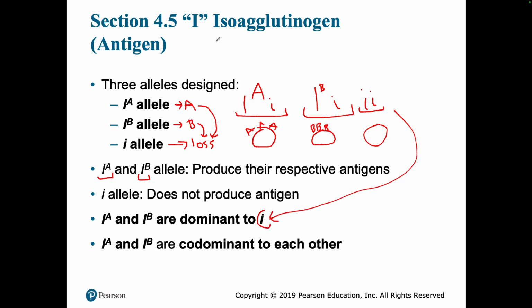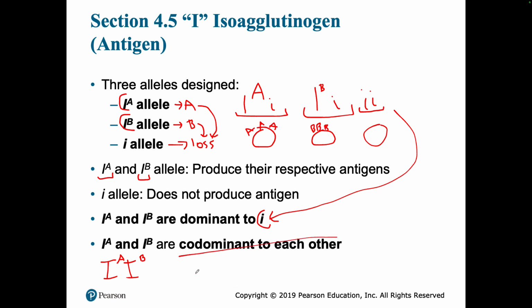Okay, cool. So then what is the relationship between the A and the B? What happens if somebody has A and B? So A is dominant to O, B is dominant to O. How do A and B interact? They are co-dominant.